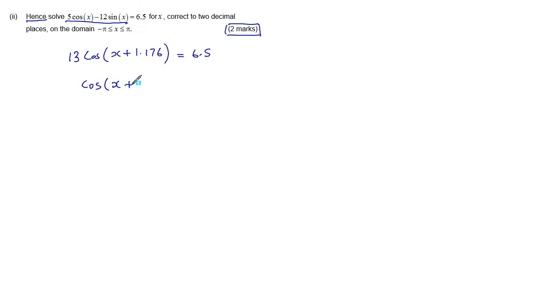But I'm going to go ahead. 6.5 divided by 13 is a half. So my principal value for x plus 1.176, inverse cos of a half, we know is pi by 3.